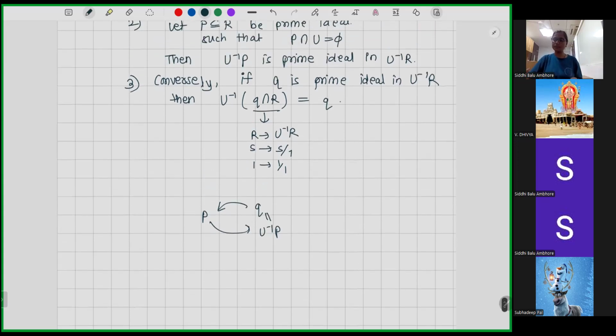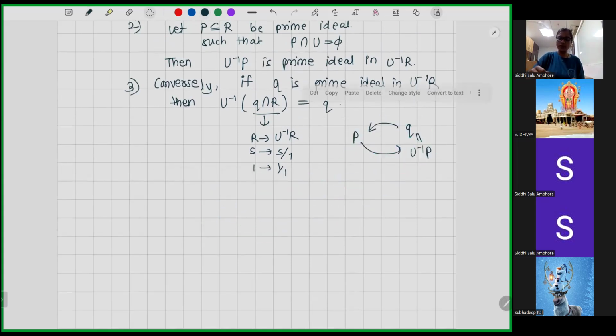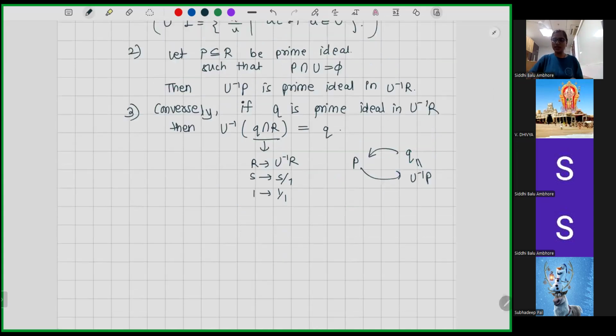But that happens when this Q is a prime ideal. So this is the converse.